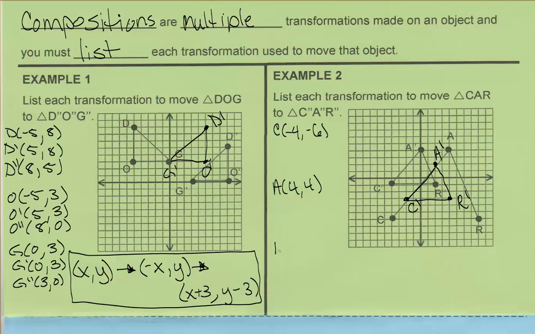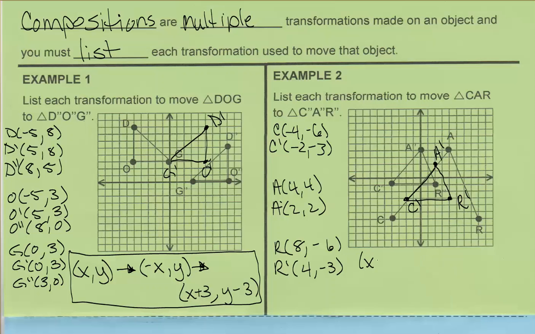And the original points for R are at 8, negative 6. And then my primes, so C prime is at negative 2, negative 3. My A prime is at 2, 2. And my R prime is at 4, negative 3.